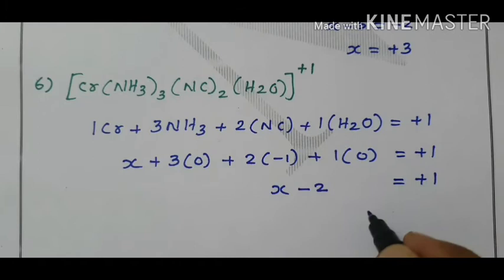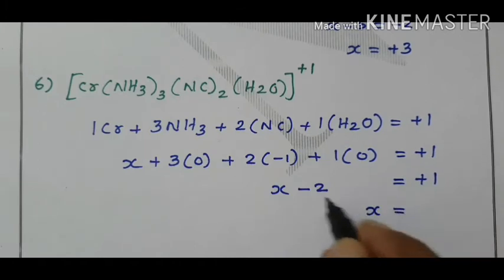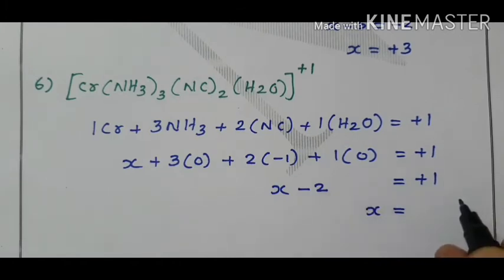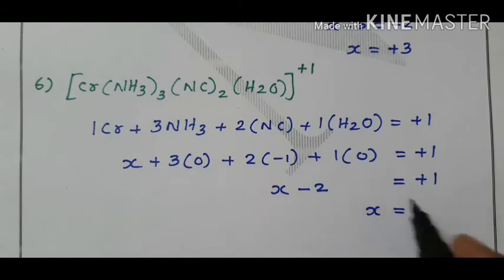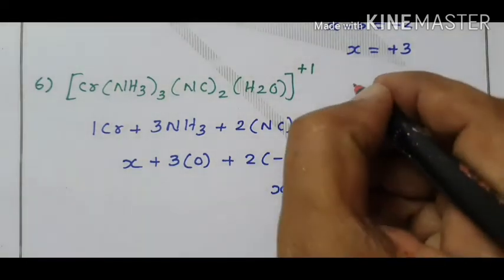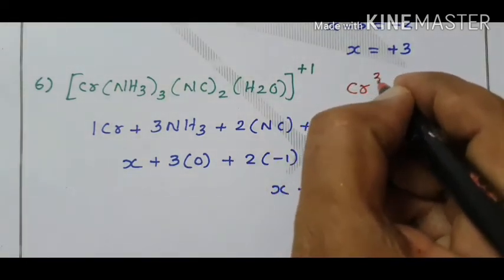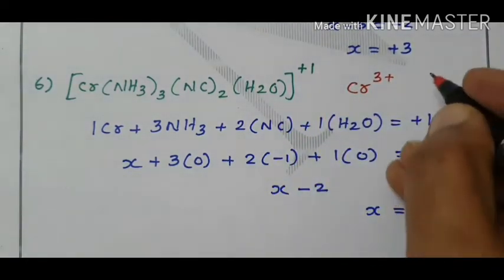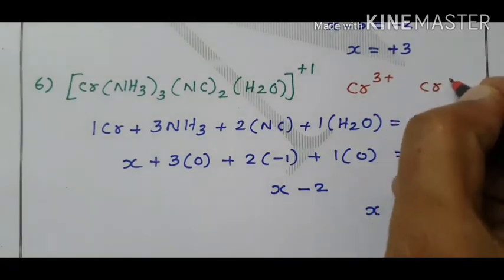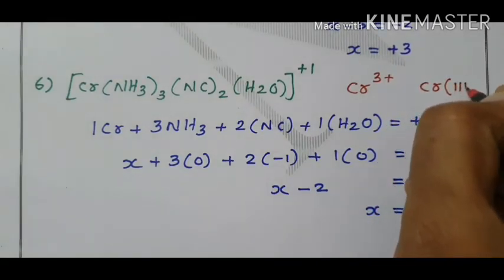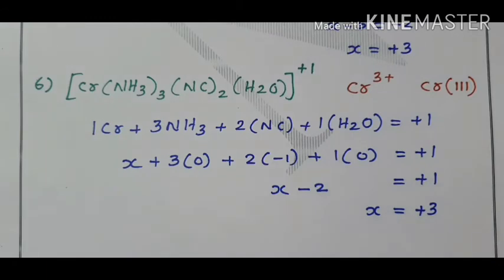X minus 2 equal to plus 1. Bring 2 to the right hand side, so 2 plus 1 equal to plus 3. The oxidation state of chromium in this complex is Cr3 plus. In the IUPAC name, it is given in Roman numeral 3, chromium(III).